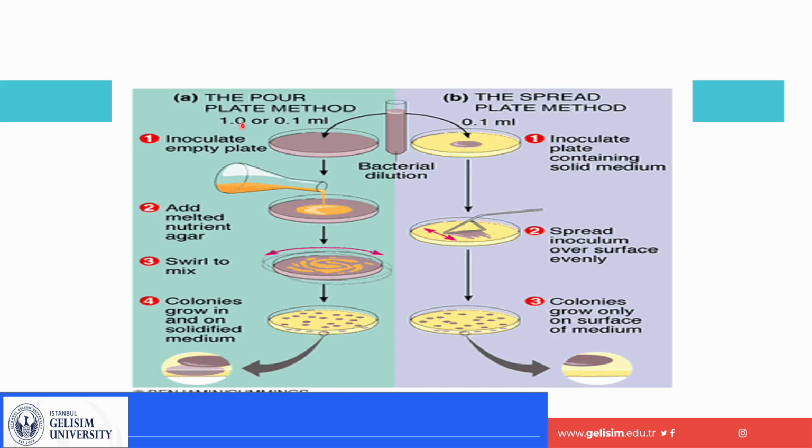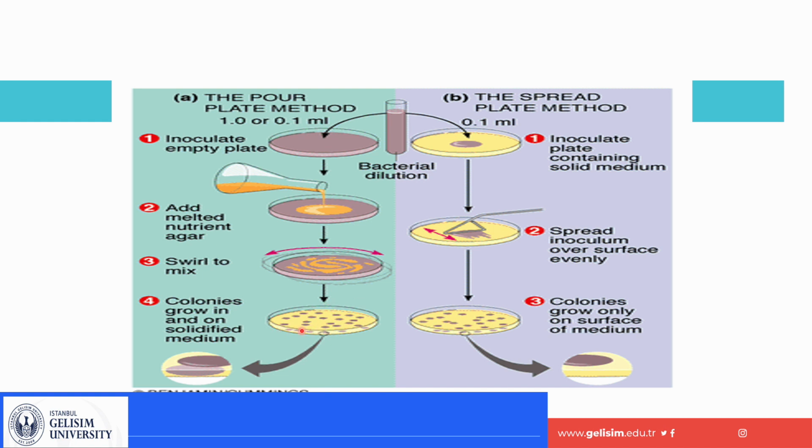So when you look over here for the pour plate method, what do we have? We're taking this bacterial dilution and we first inoculate an empty petri dish, or an empty plate, as they say. After that, the melted nutrient agar is added. Once that's been added, then you swirl it around to mix it, and then you wait.